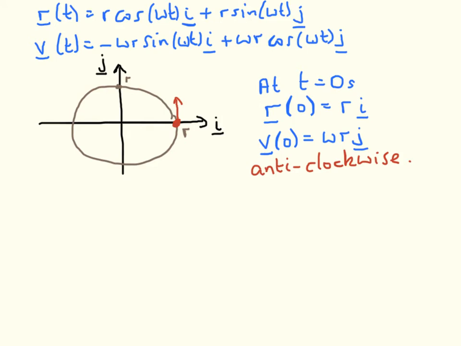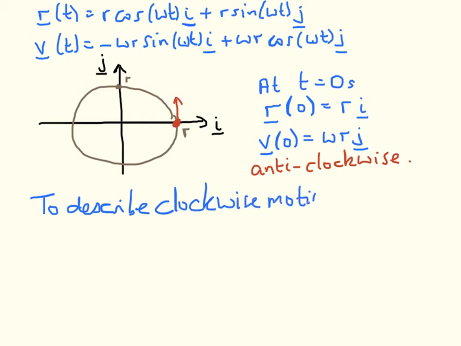So all we need to do to describe clockwise motion is to reverse the sign of t. So to describe clockwise motion, what we do is we let t go to minus t.